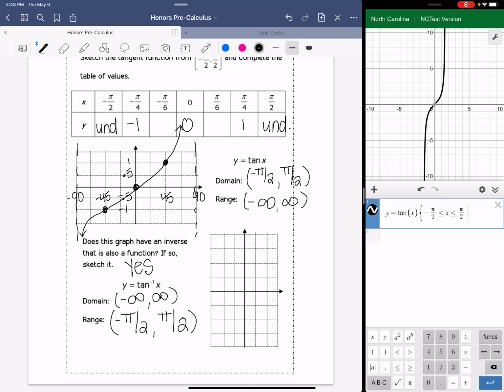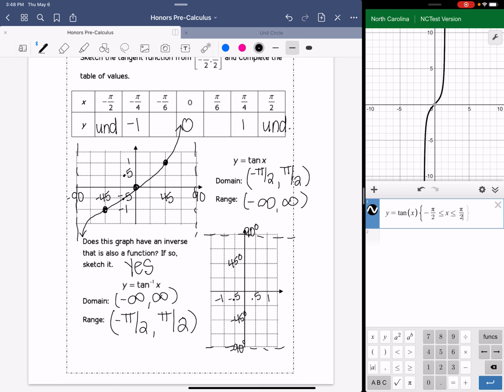So if I regraph this, so I have negative 0.5 and negative 1, 0.5 and 1. And then we're going to do 90 and 45, and then negative 45 and negative 90. So again, these are our vertical asymptotes on this side. And we would flip those values.